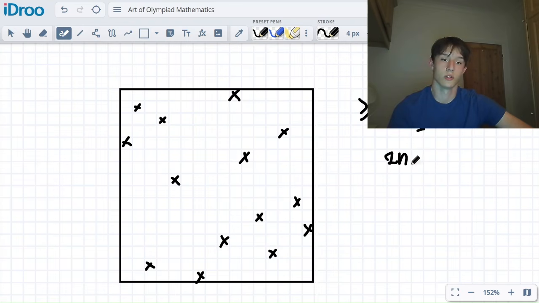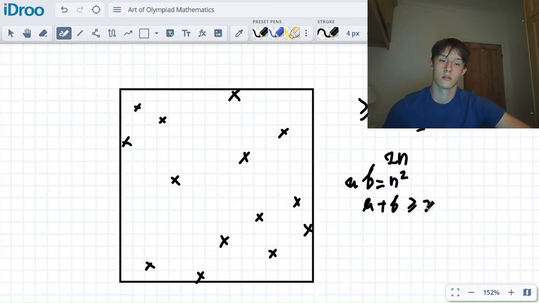We do know that if ab is equal to n squared, then a plus b is more than or equal to 2n. That's a little hint, but it does end up helping us quite a bit.